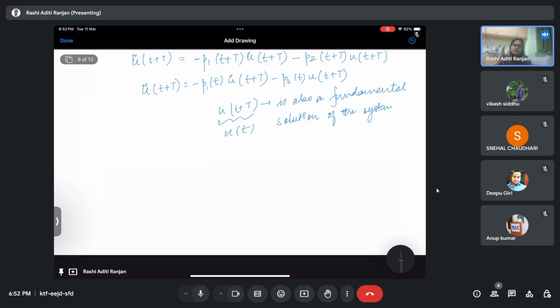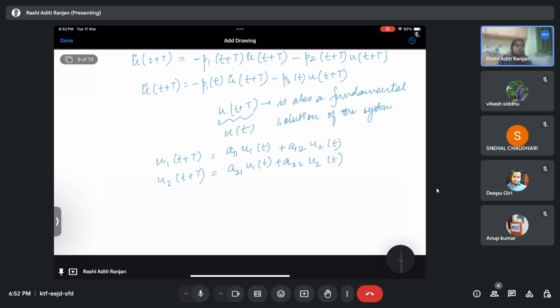Anyway, it should be a linear combination, right? So now we try to write it in terms of a linear combination. So we assume that u1(t plus T) is equal to a11 u1(t) plus a12 u2(t), and u2(t plus T) is equal to a21 u1(t) plus a22 u2(t). Okay, I assume this.